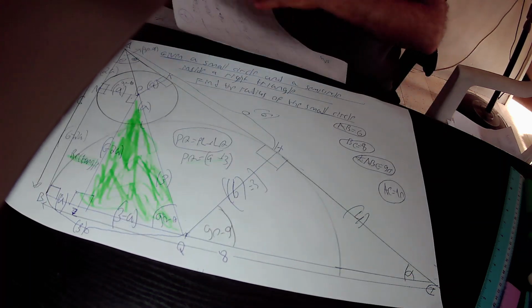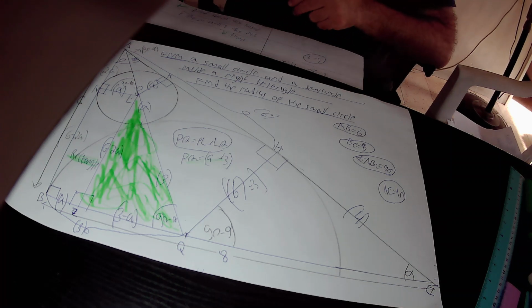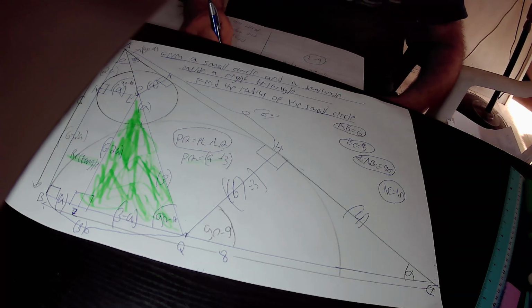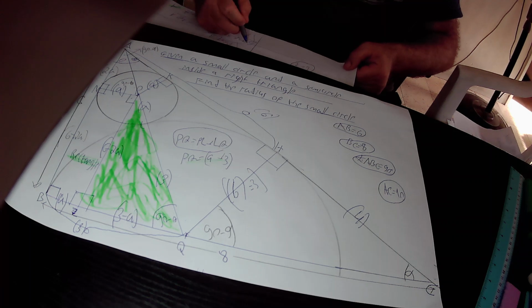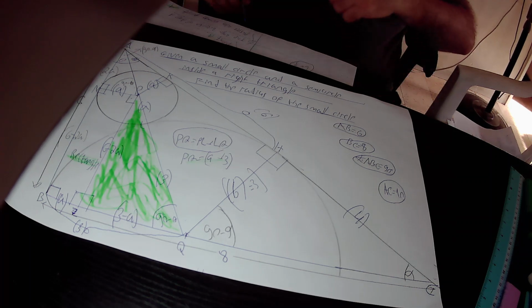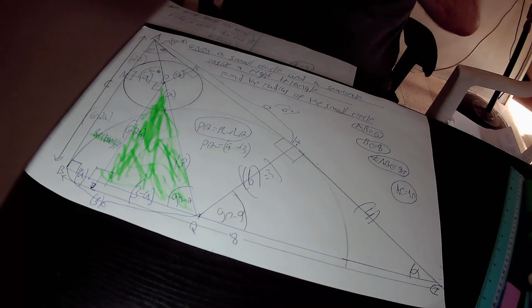Likewise, we continue to focus on this common external point A. From this common external point A, we have two tangents to the big semicircle, tangent AB and tangent AH.